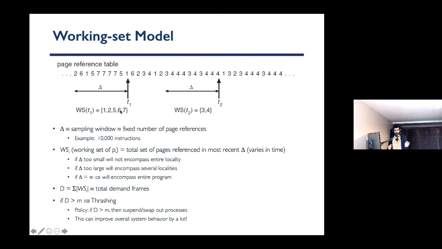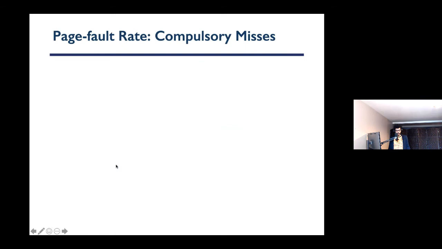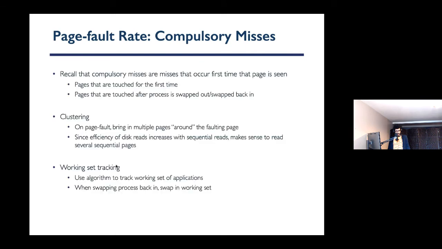So the working set size, as you just saw in the previous slide, is actually changing. It's not fixed at any given time. And you can definitely approach this algorithmically and figure out what your working set size is by just some notion of tracking the references that you've had in the past. Okay.